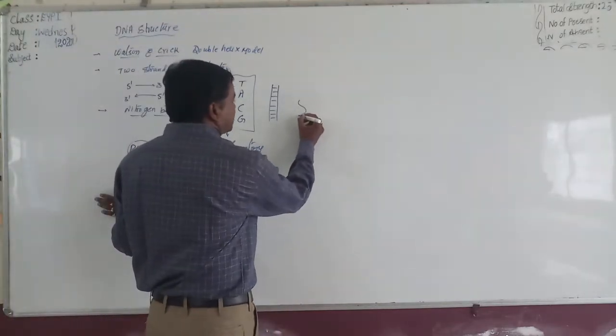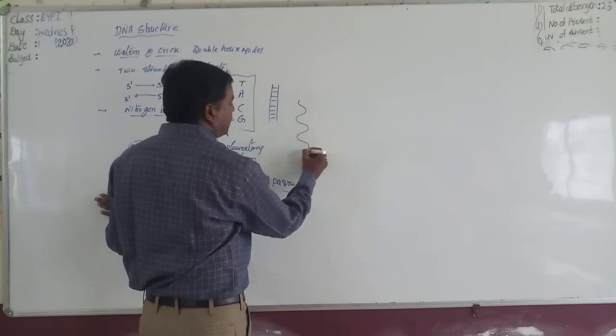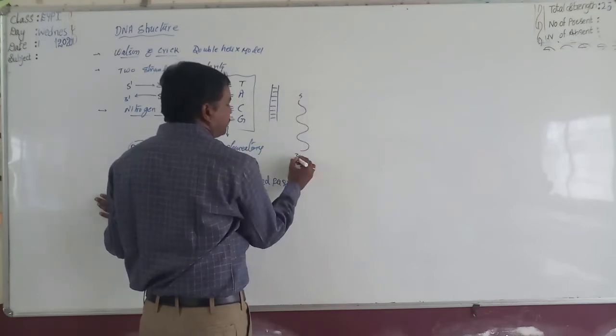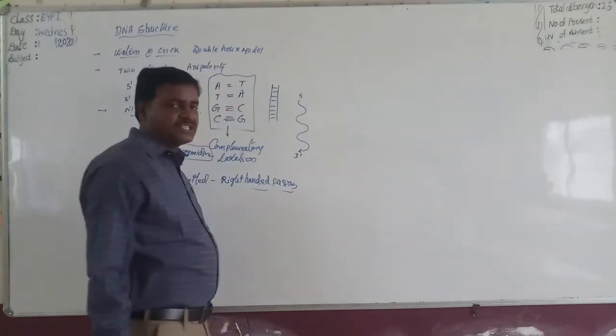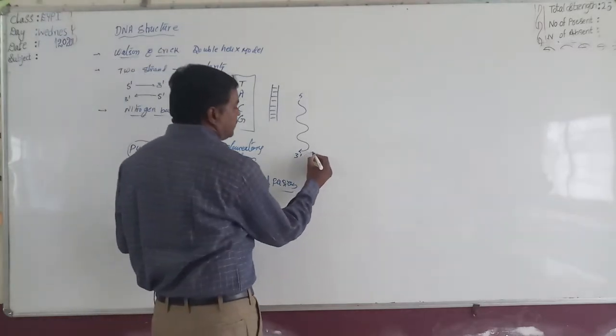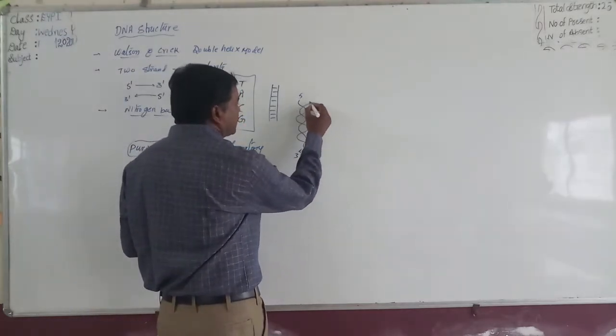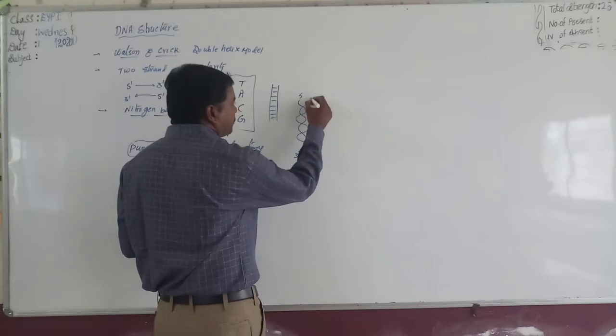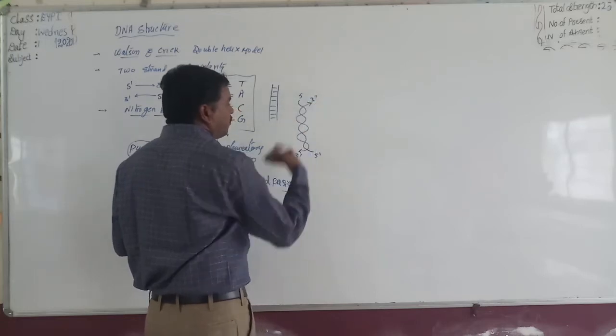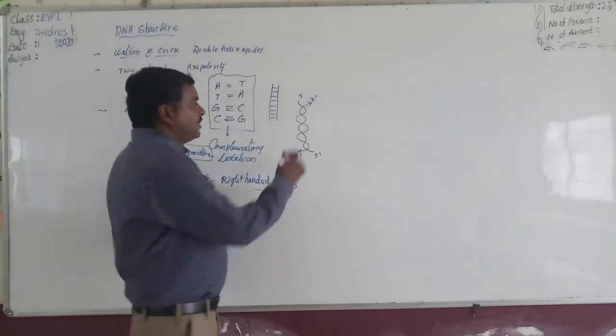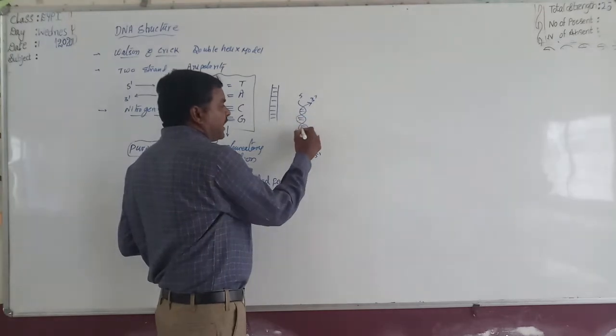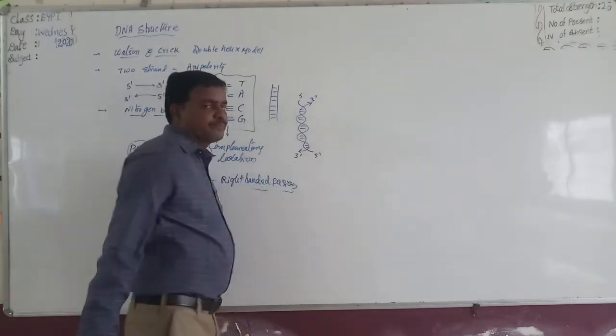This is one strand, 5' to 3' in the downward direction, and this is the next strand, 5' to 3' in the upward direction, with many nitrogen base pairs.